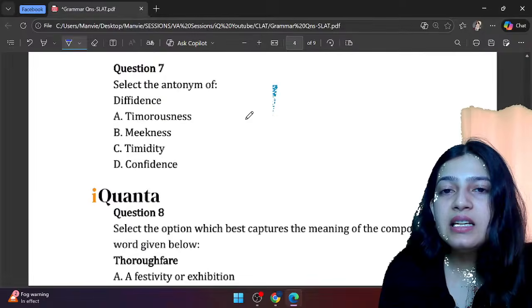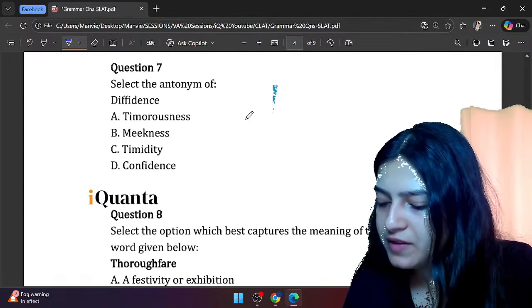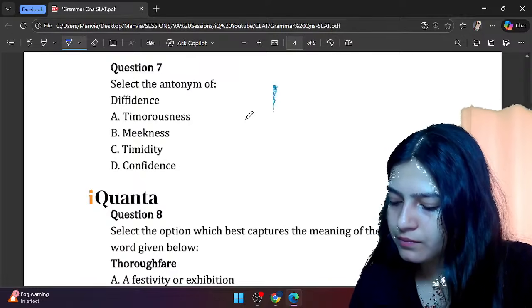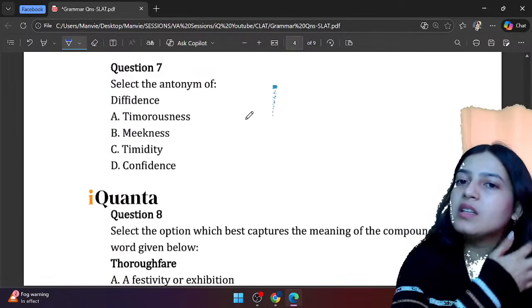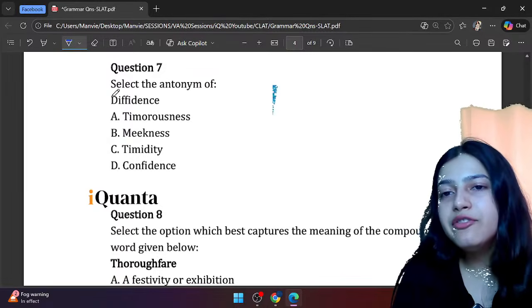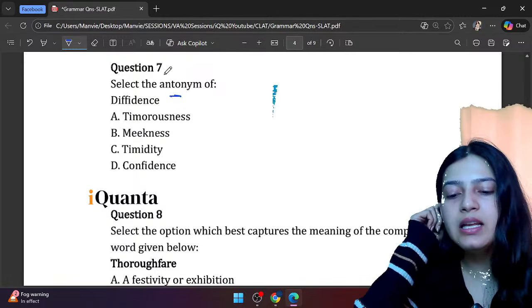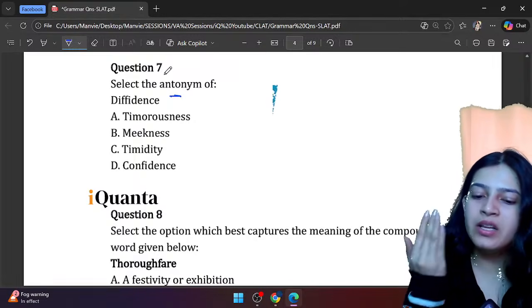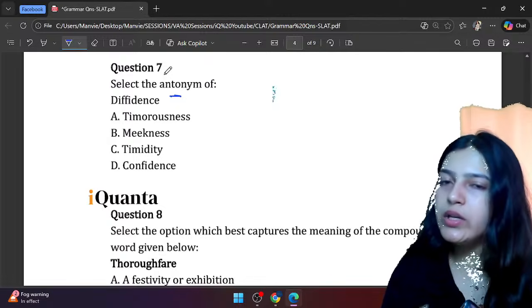Select the antonym of diffidence. Diffidence basically is lack of confidence. ठीक है, lack of confidence है, तब अपन उसको कहते हैं diffidence. तो उसका उल्टा क्या हुआ?